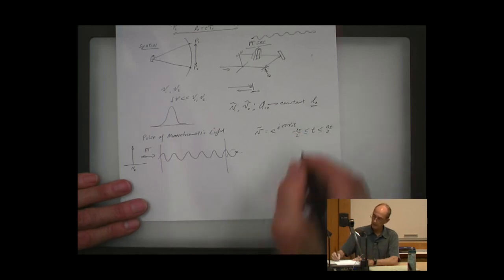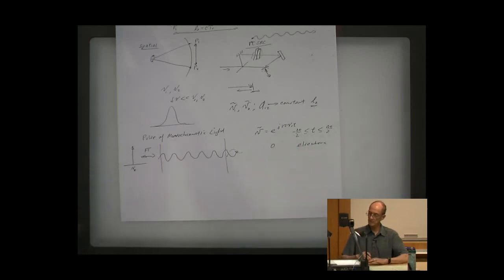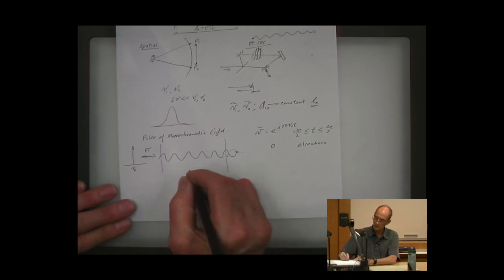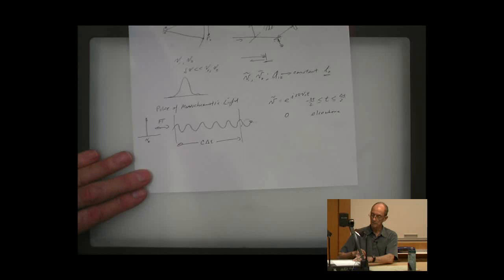And it's going to be 0 elsewhere, so for times less than minus delta t over 2 and greater than delta t over 2. So we have this pulse. This is our c delta t now. The length of this pulse is going to be that long.